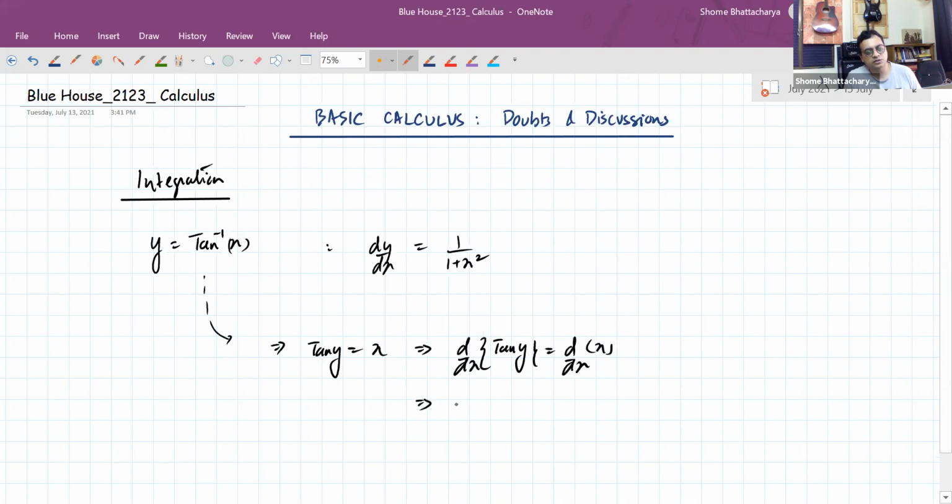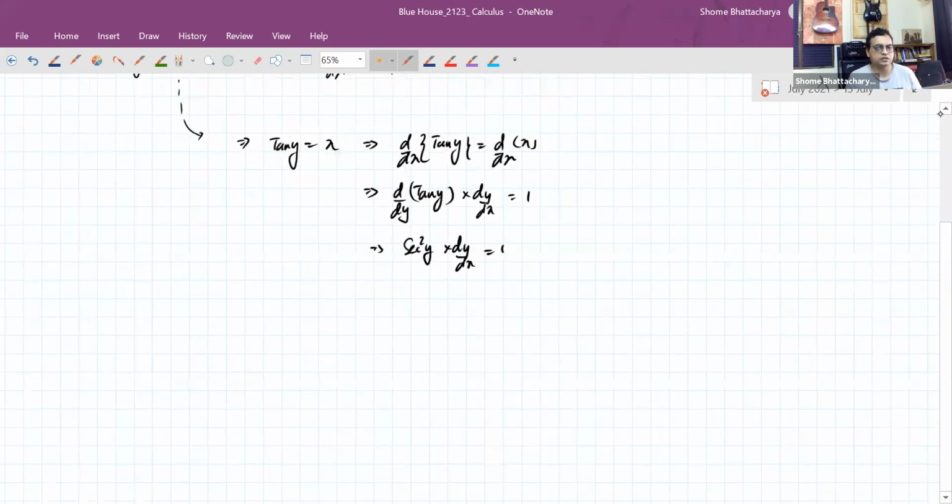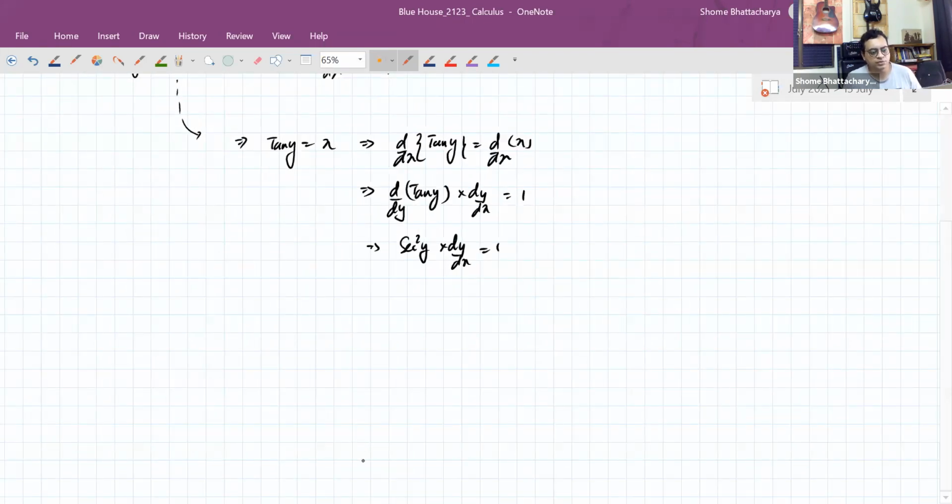So this becomes, by chain rule, differentiation of tan y with respect to y into dy by dx, and that we know is sec square y. And then we continue ahead and use the identity that sec square is equal to 1 plus tan square.